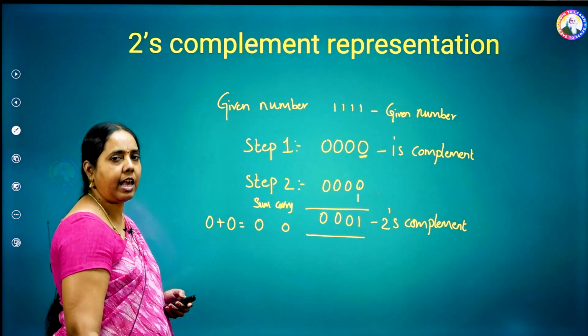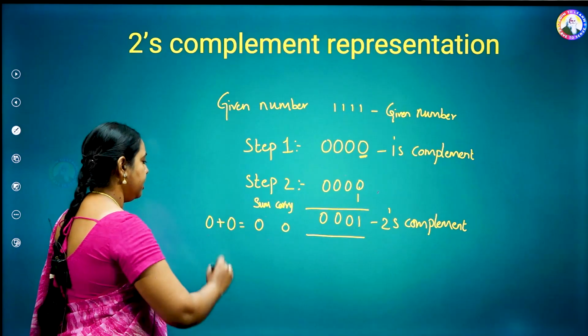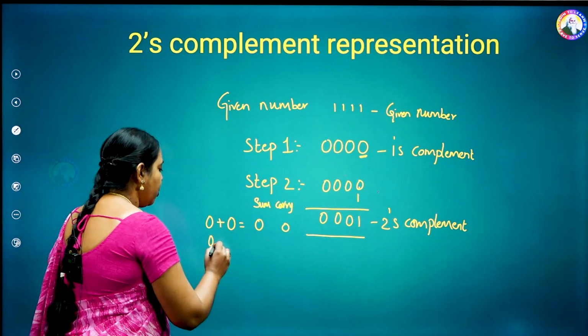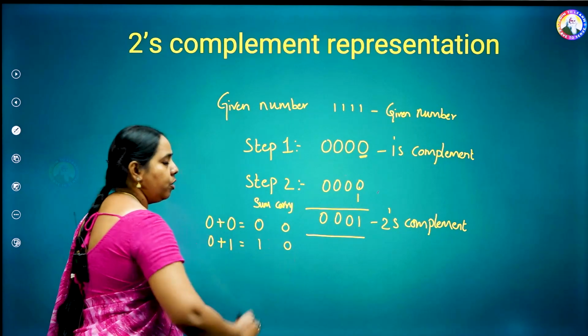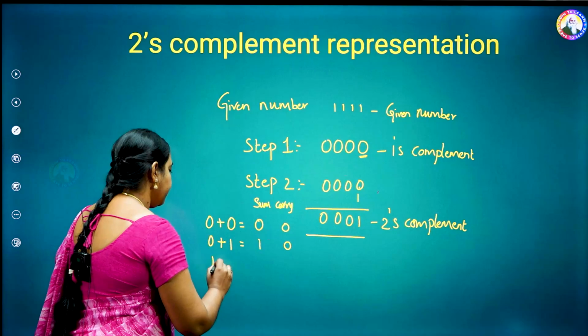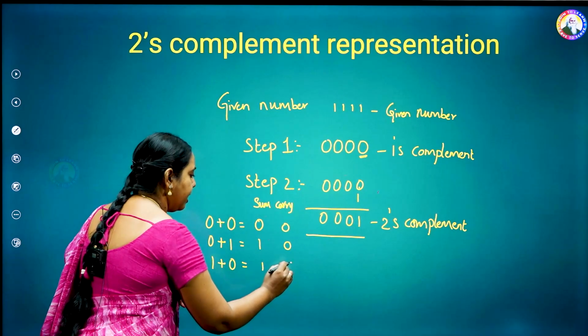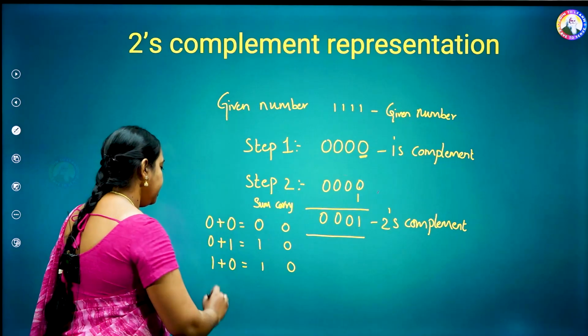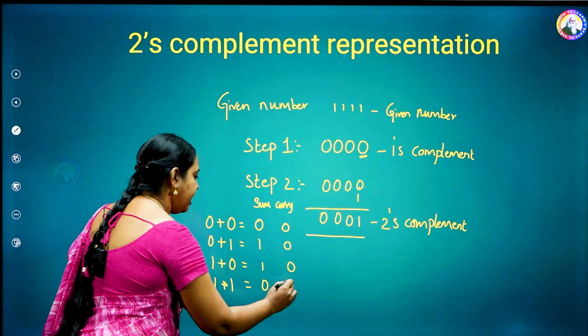We will have two bits while adding any two binary numbers, the sum bit and the carry bit. If you add 0 plus 1, the sum is 1 and the carry is 0. If I add 1 plus 0, the sum is 1 and the carry is 0. Similarly, if I add 1 plus 1, the sum is 0 and the carry is 1.